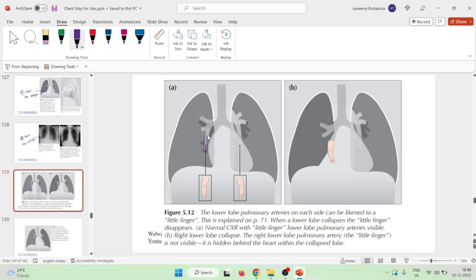Whenever there is a density in the lower lobe, whenever there is lower lobe collapse, this lower part of the little finger, or the right lower lobe pulmonary artery, is not clearly seen. In this way, we can diagnose right lower lobe collapse. Thank you.